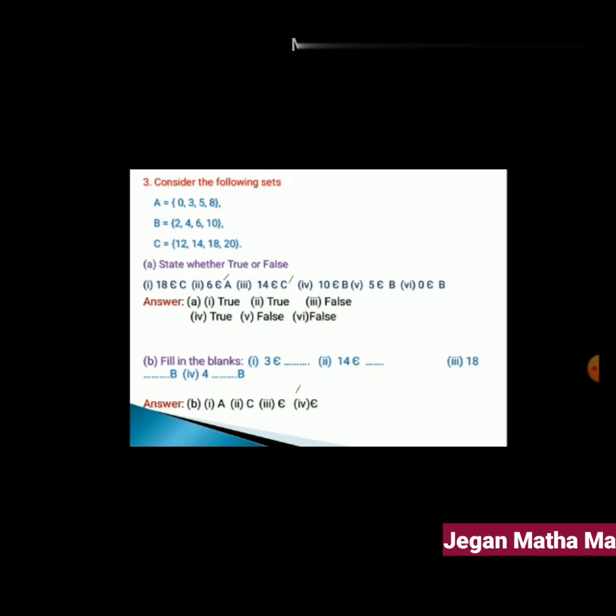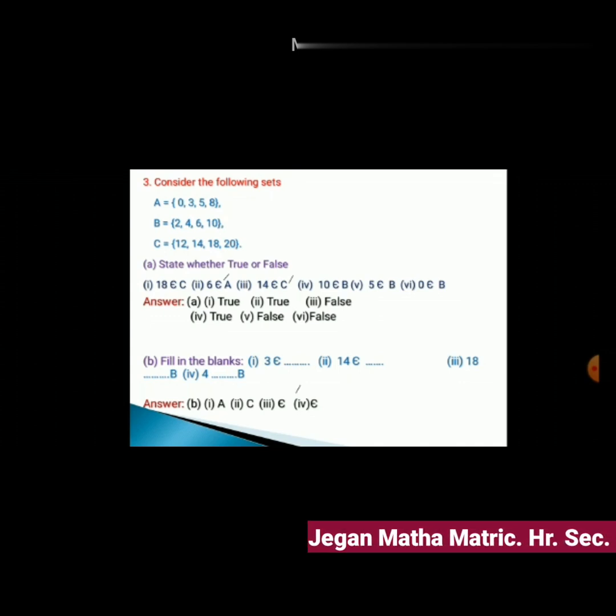The first question, state whether true or false. The first one, 18 belongs to C. In set C, we have the element 18. So it is true. The second one, 6 does not belong to A. It is true because the element 6 is not in set A.